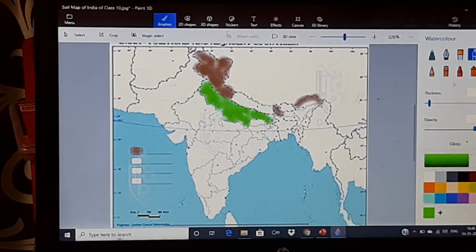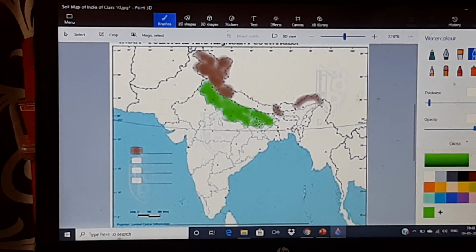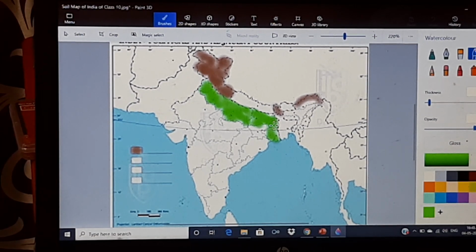northeastern edges of Jharkhand. After shading out entire Bihar, the northeastern Jharkhand, entire West Bengal, just leaving the part of western West Bengal. That is, you can see this part is left out.